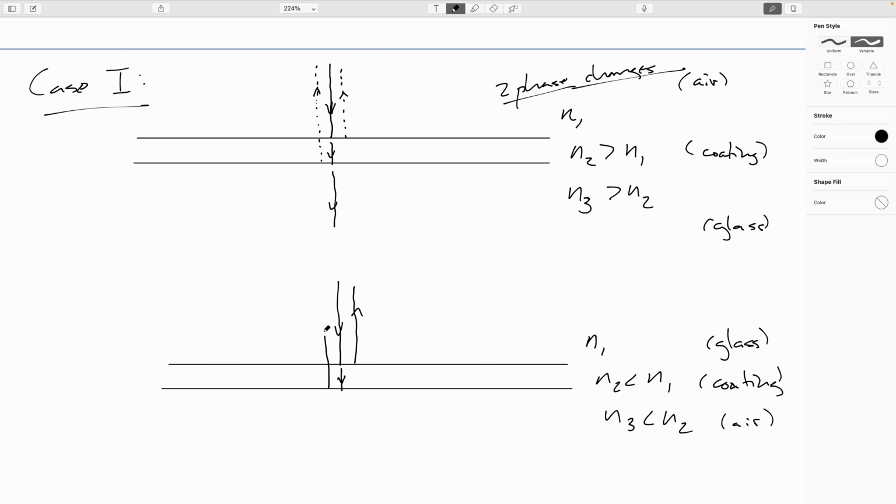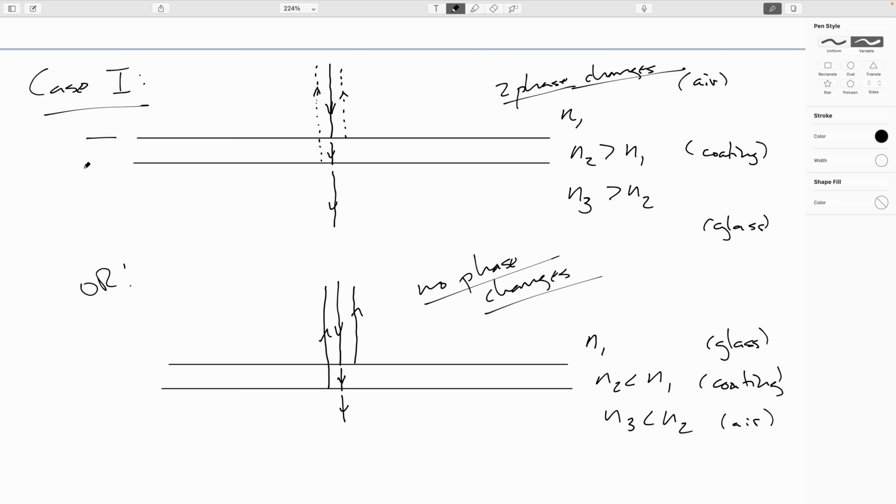And similarly, the bit that gets transmitted through has no phase change, but neither does the bit that's reflecting back. So again, no phase change. And I'm indicating phase changes with the dotted line here. So either of these are what I would call a case 1 situation.